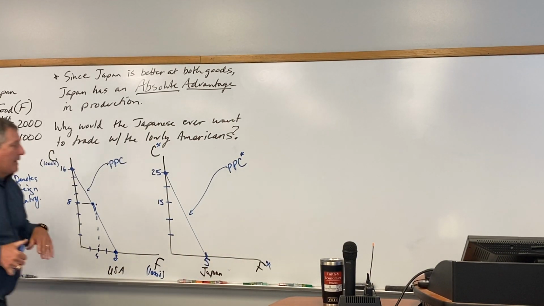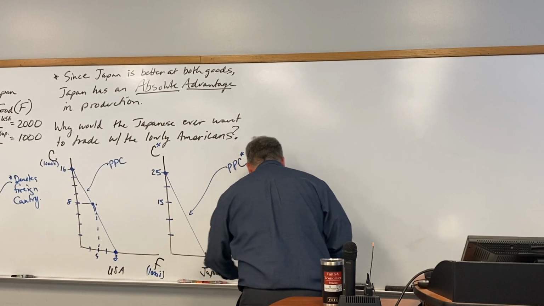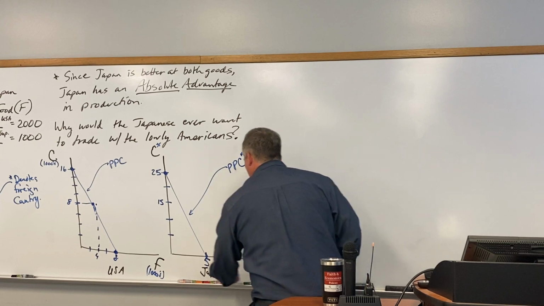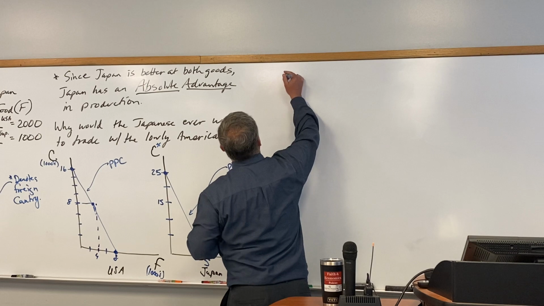All right, so now we've got to figure out, well, what's the cost? Opportunity cost is one of the top principles of economics, and so that's what we're going to do next here, is calculate that.